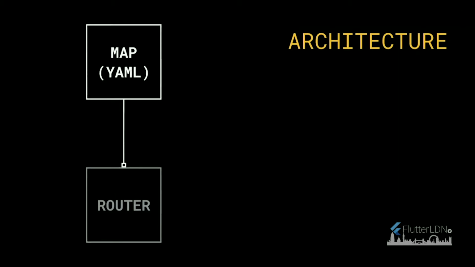OK, let's talk about how this thing is organized, about the architecture of Voyager. A central piece is a router, and any router needs a map. And that map, in our case, is that YAML file. Next, when you want to navigate to any screen, you give the router a path.